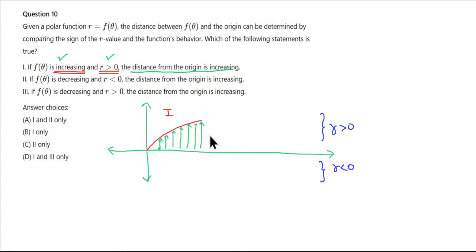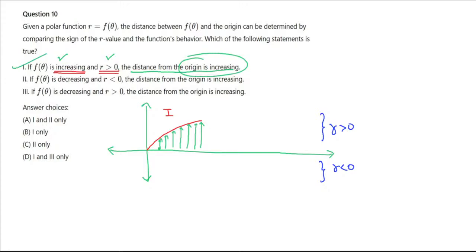So if the distance from the x-axis is increasing here, yes, definitely it is increasing. Then we can definitely say that the distance from the origin is also increasing. It has to increase, right? So option one is absolutely correct.